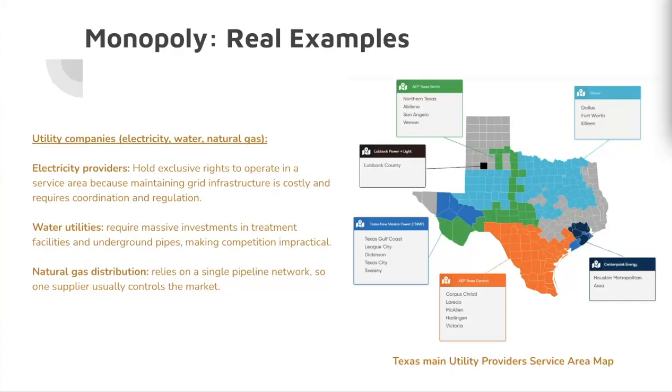It relies on a single pipeline network, so one supplier typically controls each regional market. These are called natural monopolies because the economics of the industry, specifically the extremely high fixed cost and low marginal cost, make it most efficient to have a single provider.